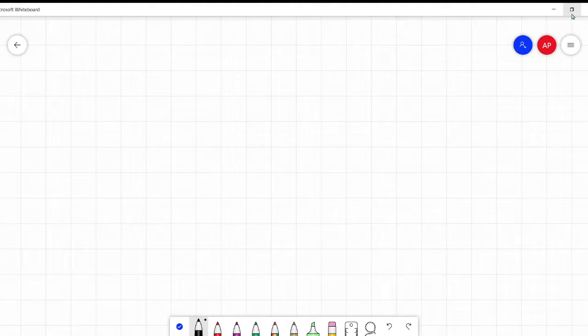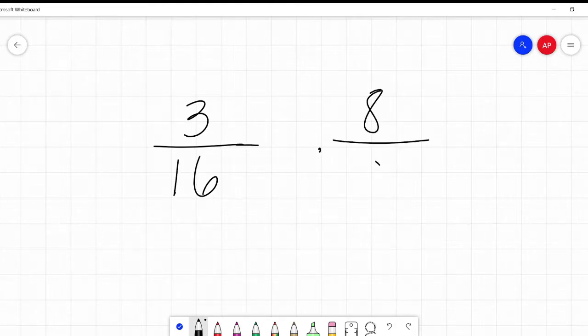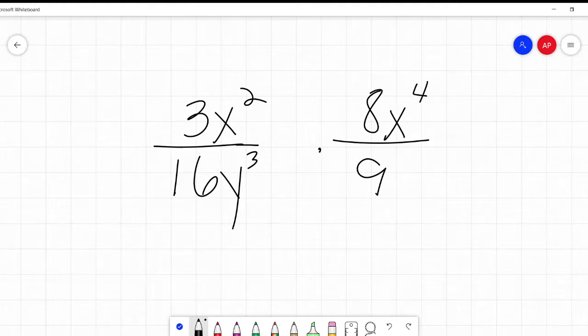The simple ones, which are not going to last long, don't get your hopes up, will be a combo of what we just saw, like 3/16 times 8/9, but then they add in something like x squared, y cubed, x to the 4th, x to the 7th, y, and y squared.